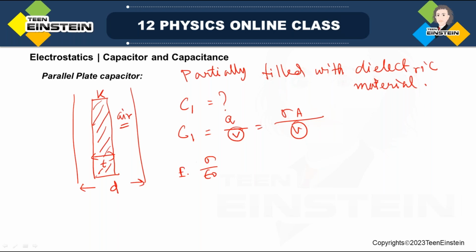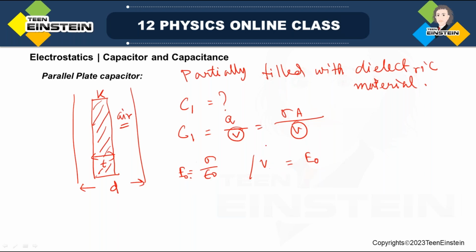This is the electric field, and this is in air. So the potential difference V air will be E air, or E0, and this is V0, say.